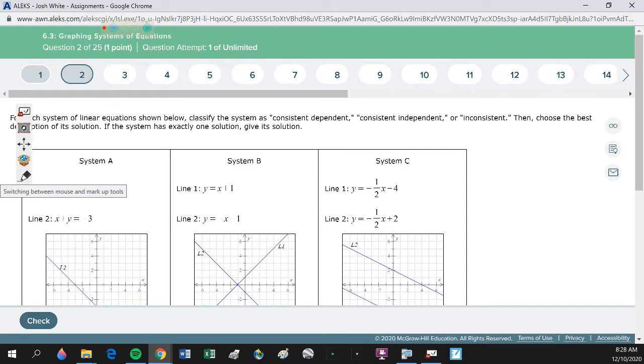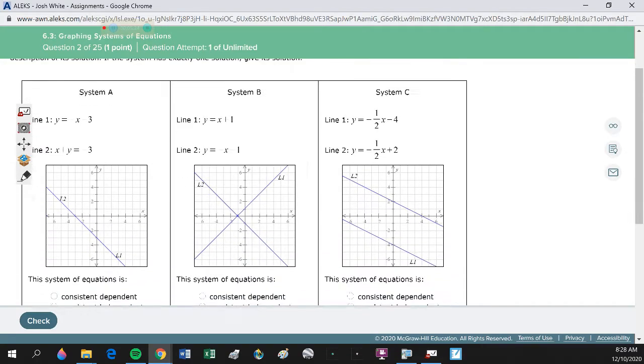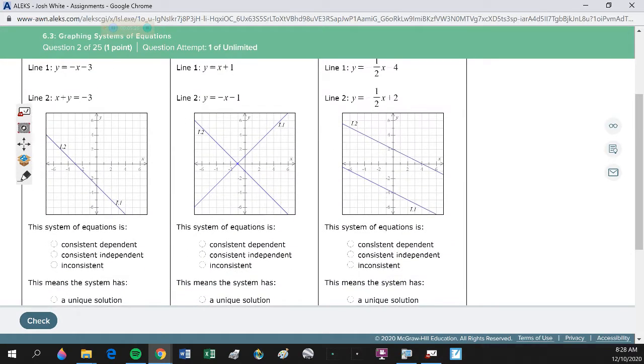So, when I graph two lines, what can that graph look like? It turns out there are only three possible outcomes. Here they are. We could have two lines that intersect once, like this.